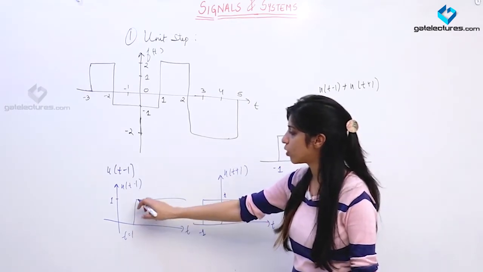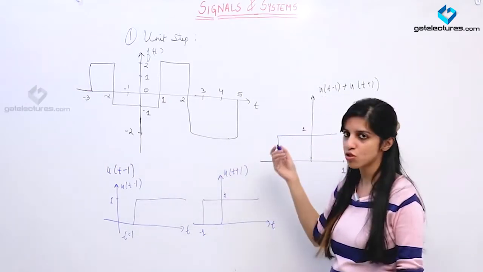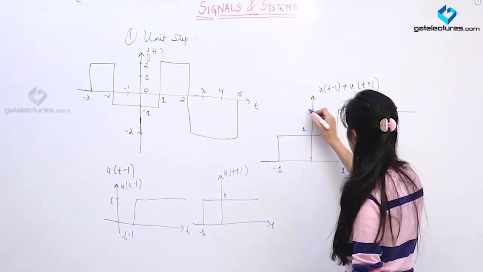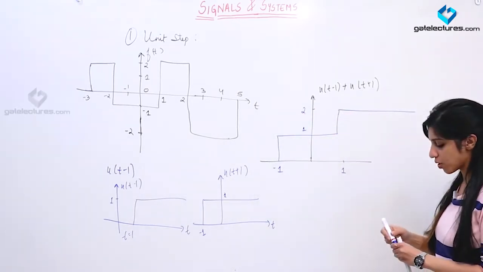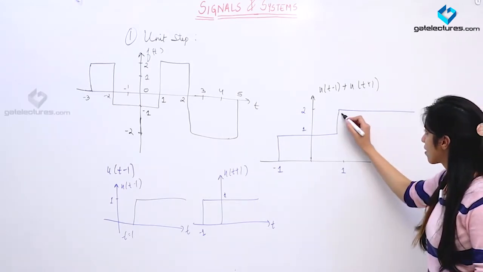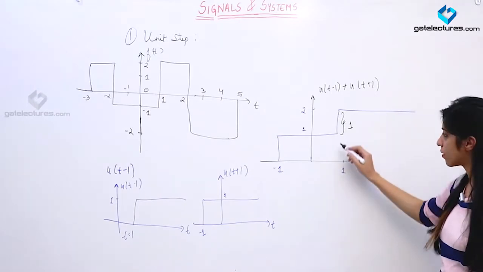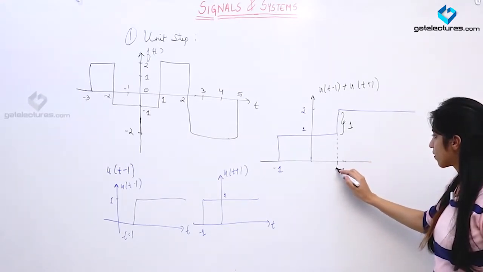So from t equal to 1 onwards, the value of this equivalent signal is going to be 1 plus 1, which is 2. So there is a step change of 1 at t equal to 1, right.